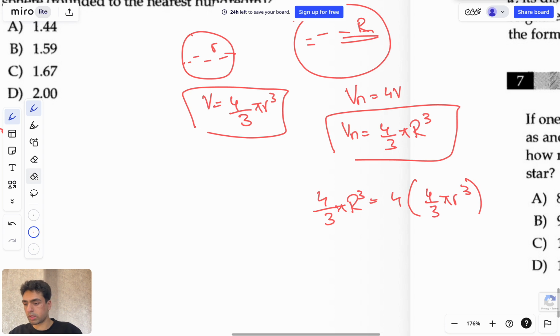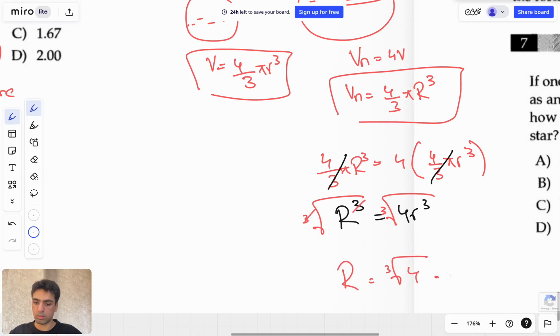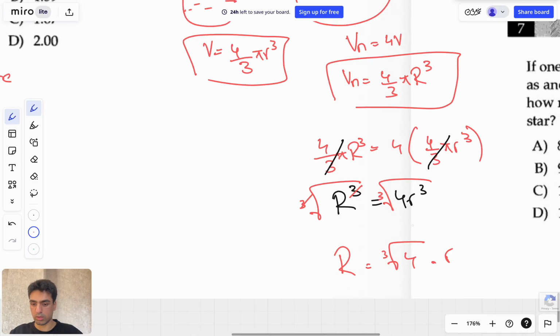Now in this case we can cancel 4 over 3 pi, which means we're left with R cubed is equal to 4 r cubed. We can take the cube root on both sides. We get R is equal to the cube root of 4 times r.